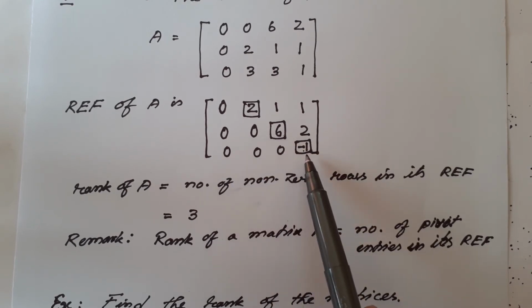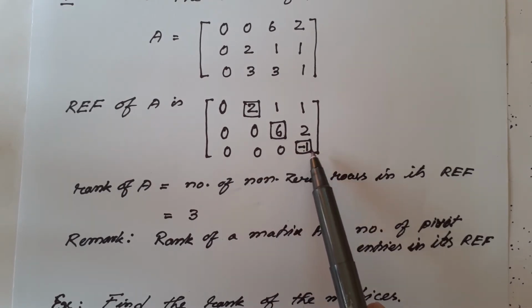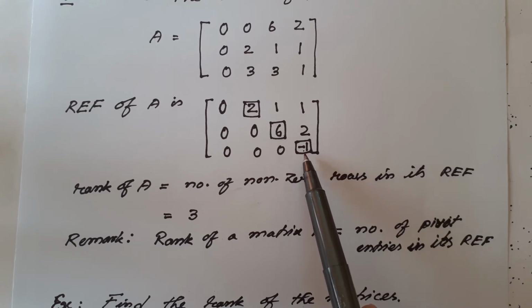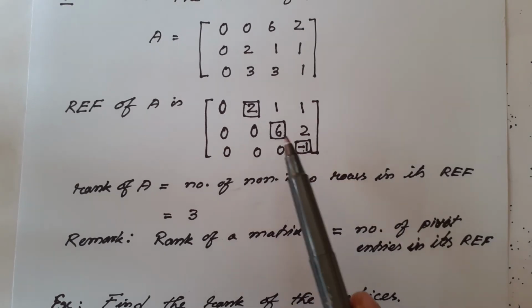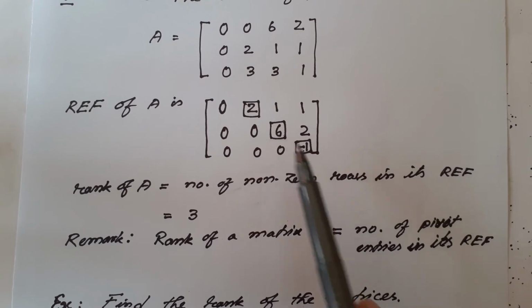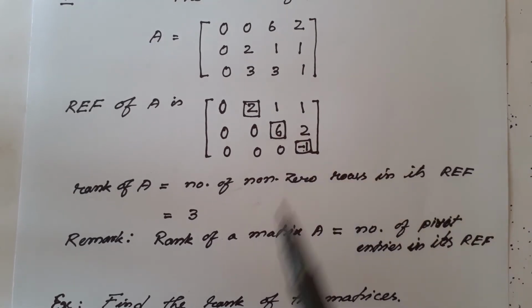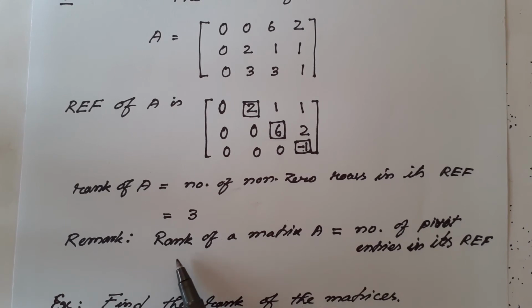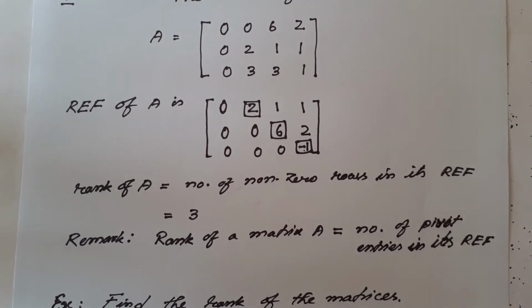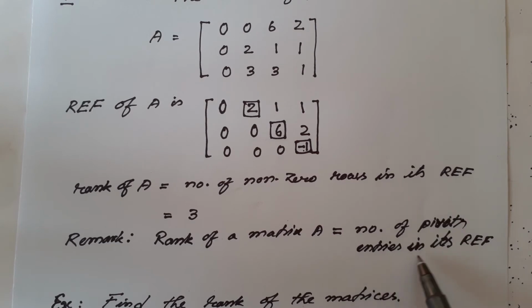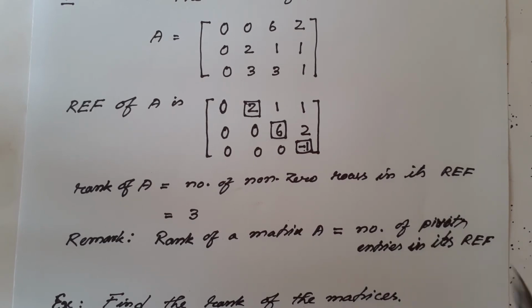Similarly, third row is non-zero, first non-zero entry is minus 1, so this is the pivot. So every non-zero row will have a pivot. So if you count the number of pivots, that will also tell you the rank of the matrix. So that's why the remark says rank of a matrix A is number of pivot entries in its row echelon form.